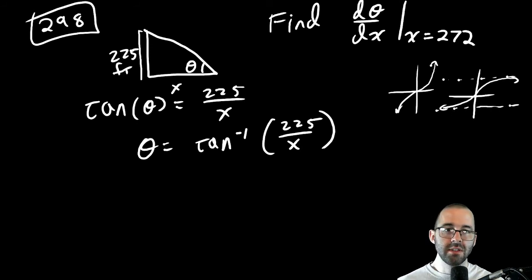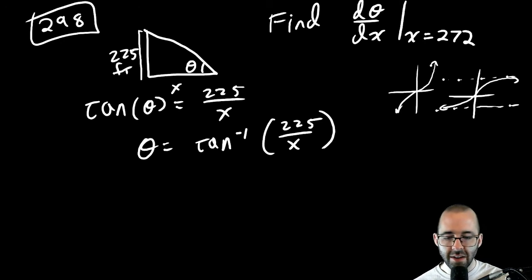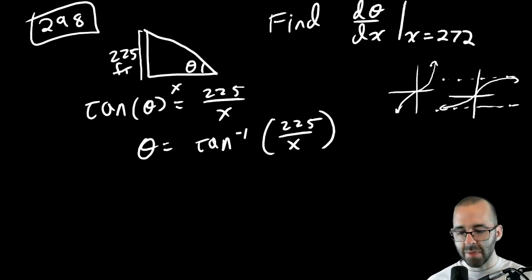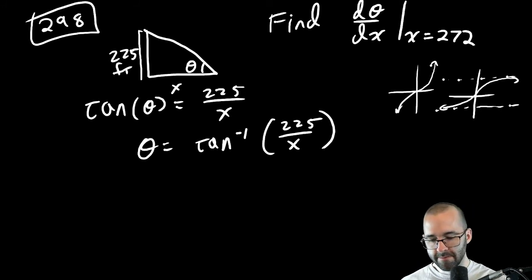It's just the range that doesn't repeat, because tangent repeats, but inverse tangent doesn't repeat. Okay, so our theta is going to be in that range anyway, right? Theta is an acute angle, so these are going to be the same. We don't have to worry about any special domain things here because theta is acute.